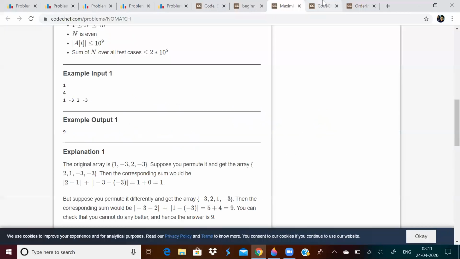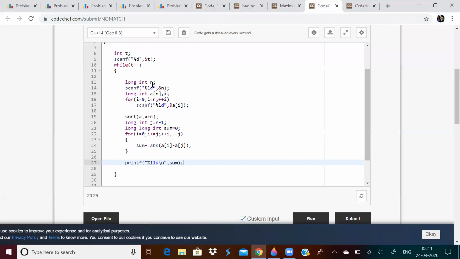So I'll show the code. Take the input n, input the array, sort the array. Let's keep a variable j, which is pointing at the last element, and i is pointing at the first element. We will perform this loop until i is less than or equal to j.